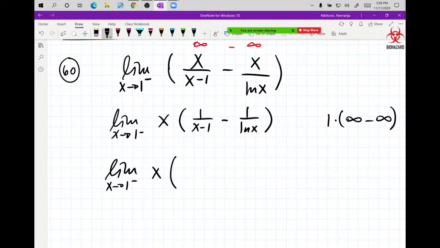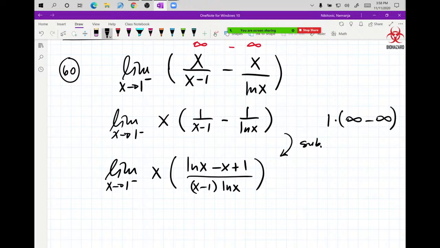So x times ln x minus x plus 1 divided by x minus 1 times ln x. So this is subtracting fractions. Because, you know, at this point we're desperate. There's nothing I could do other than trying this.